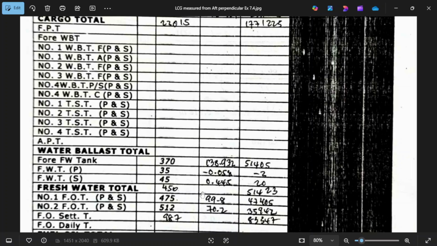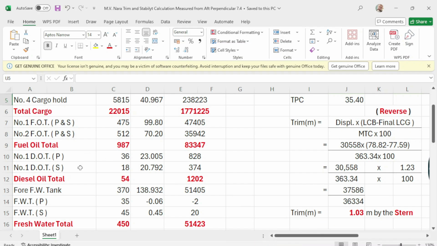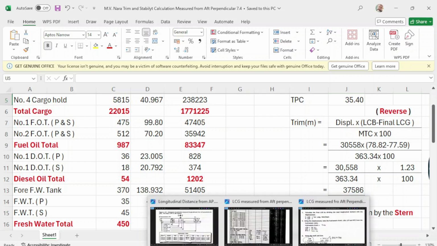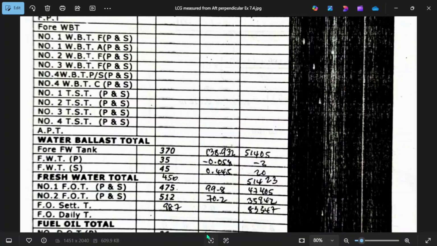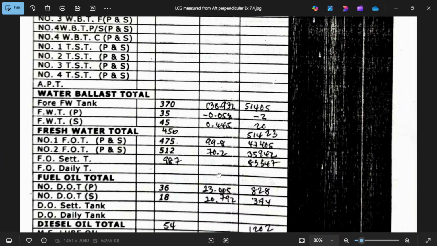And the next will be fuel oil. Fuel oil is 987, and the LCG moment is 83347. Okay. Then we go to the diesel oil.